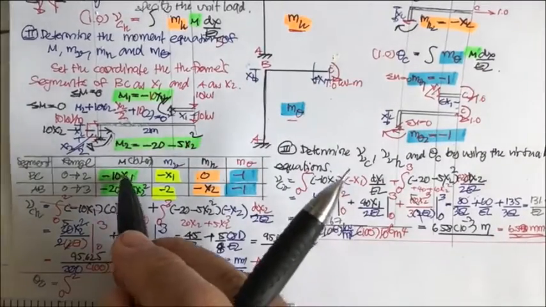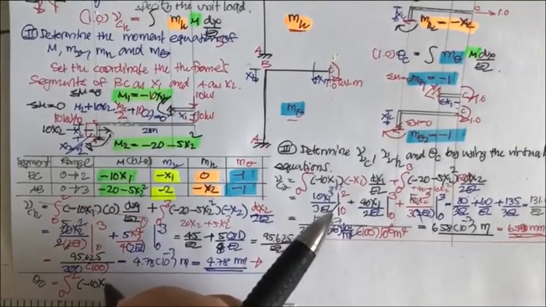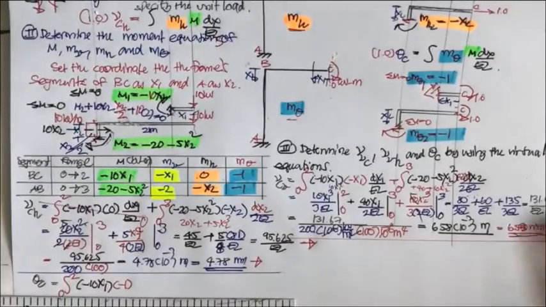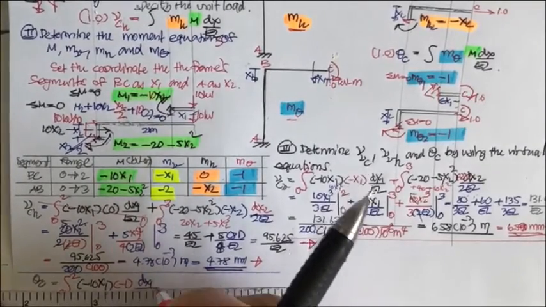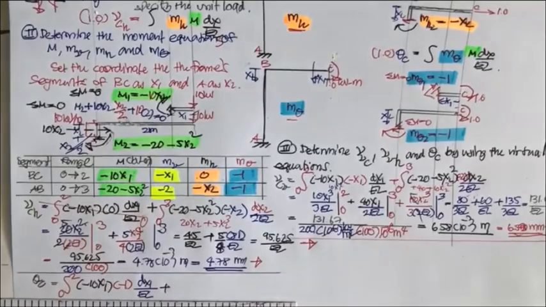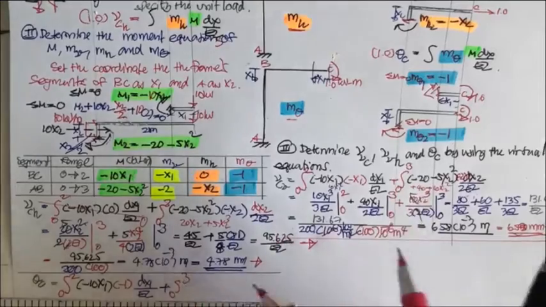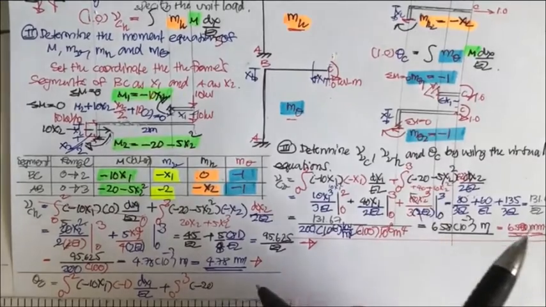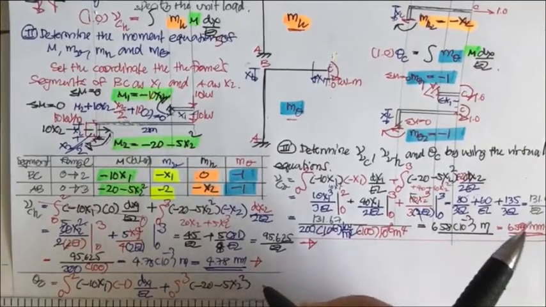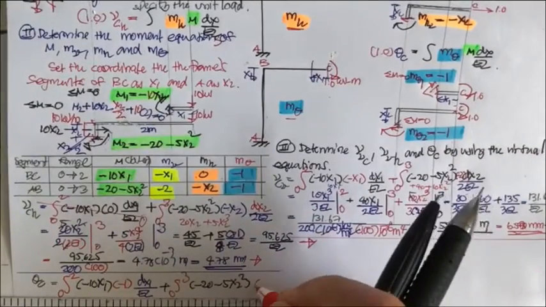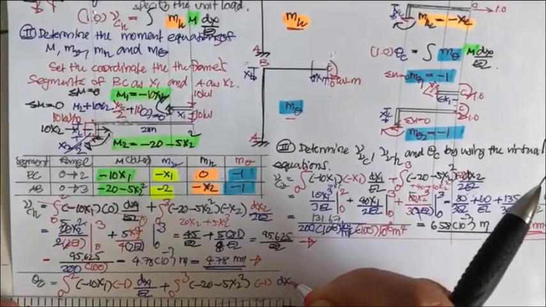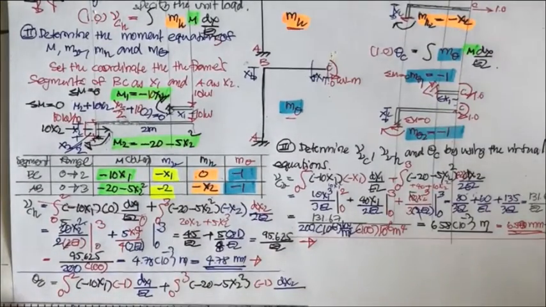This time it's going to be this one and this one, minus 10x1 times minus 1 times minus 1, and then you have this one for dx1 over EI, and then you plus the second one, integration from 0 to 3, and this time you have minus 20 minus 5x2 square, and then again you times minus 1, and now you have this for dx2, and then divided by 2EI.